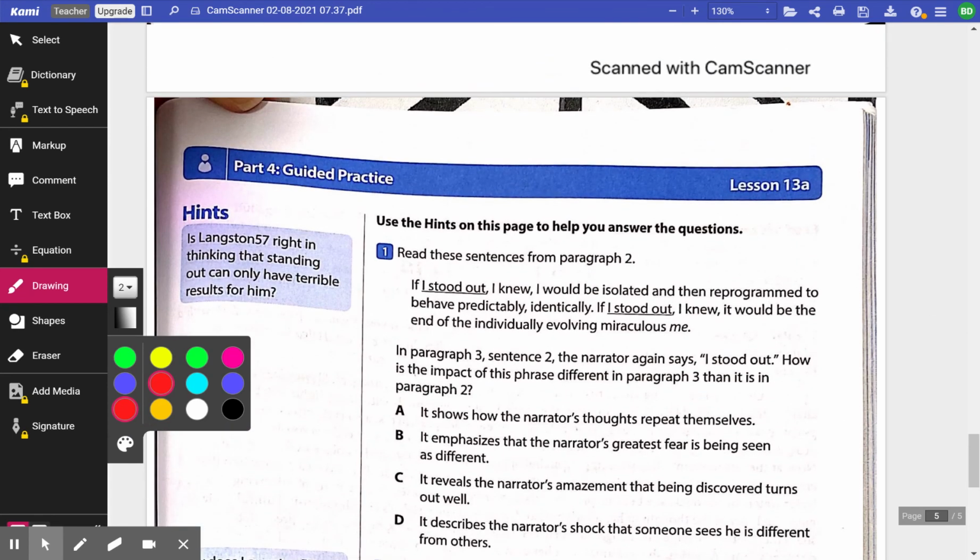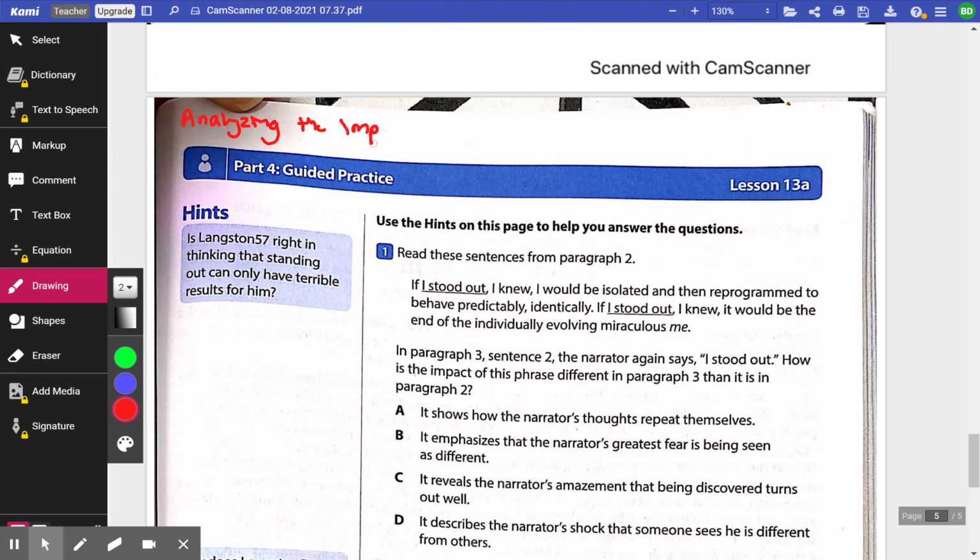Actually, before I start looking at my directions, I'm going to rewrite the title of my lesson up at the top one more time. I know the title of this is Analyzing the Impact of story elements.